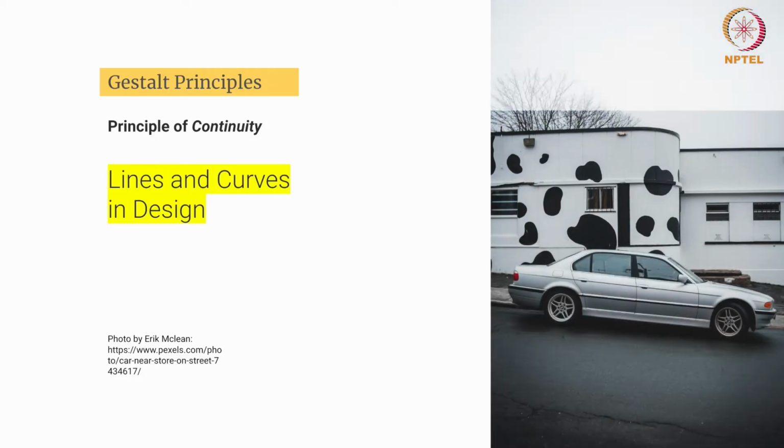Apart from that, you can see a line, which is the partition here. Again, this feels like a sense of continuity in the overall building. This is where lines and curves play an important role in depicting continuity in this composition. Now let's focus on the car.